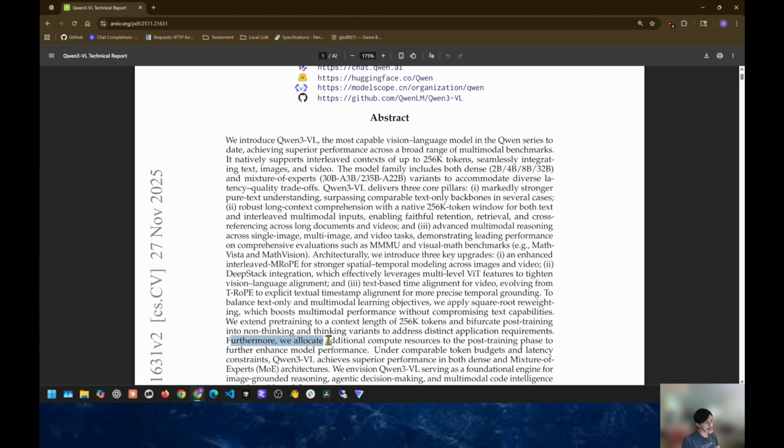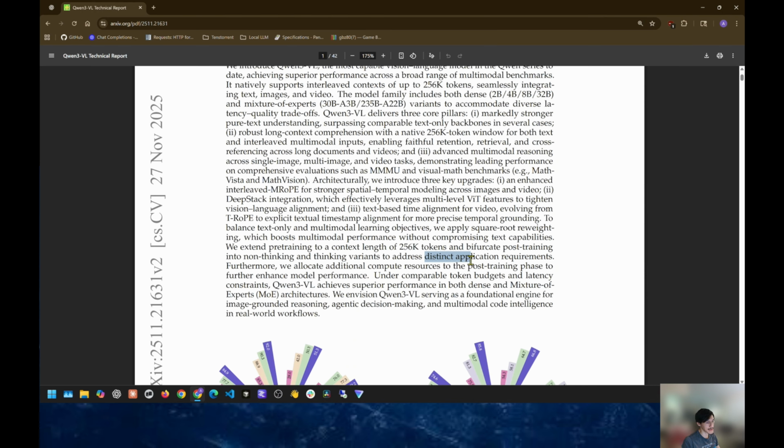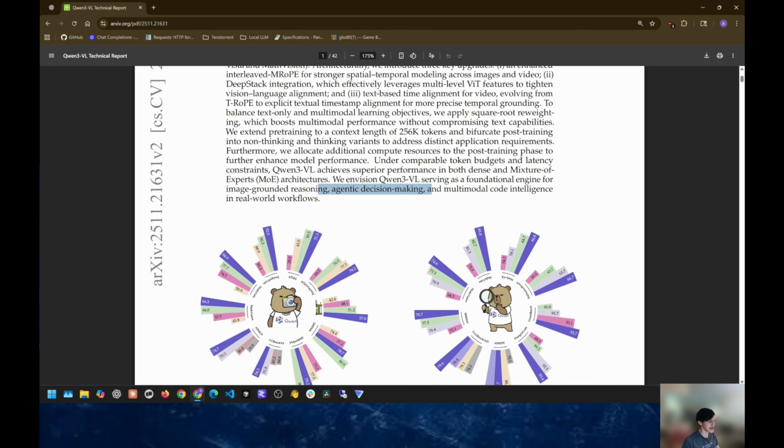Furthermore, we allocate additional compute resources to the post-training phase to further enhance model performance. Under comparable token budgets and latency constraints, Qwen3 VL achieves superior performance in both dense and mixture of experts architectures. We envision Qwen3 VL serving as a foundational engine for image-grounded reasoning, agentic decision-making, and multimodal code intelligence in real-world workflows.